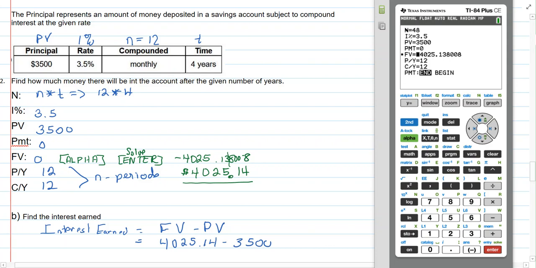To get out of the app, press second mode for quit, and it'll bring you to the home screen.